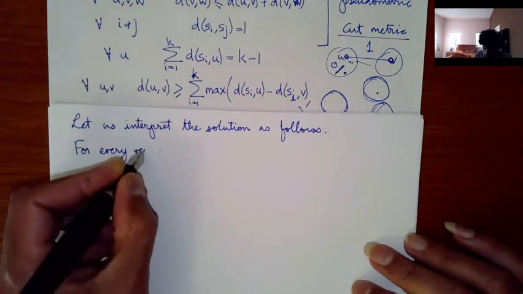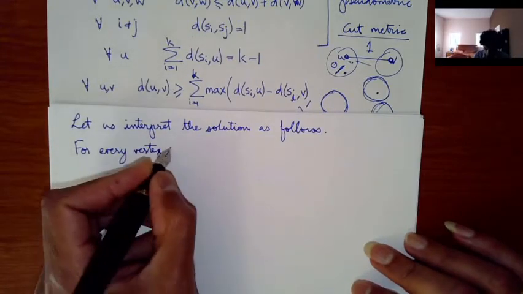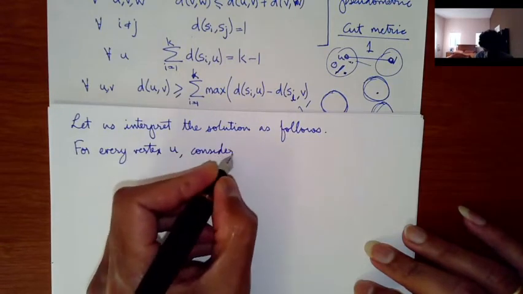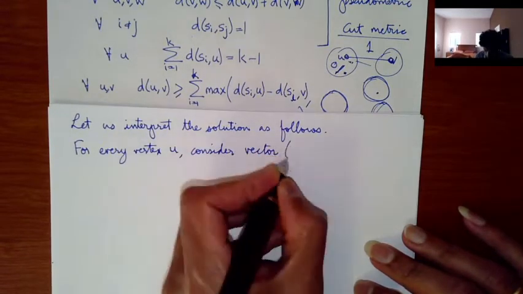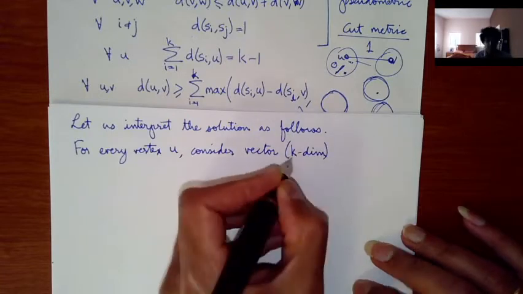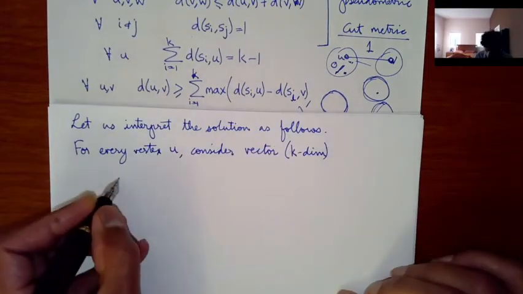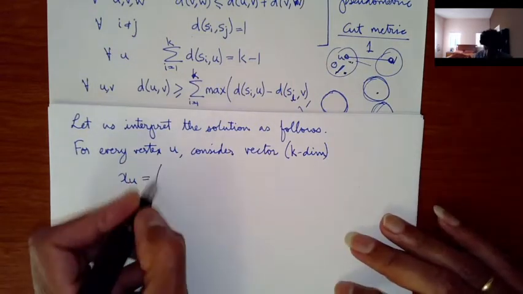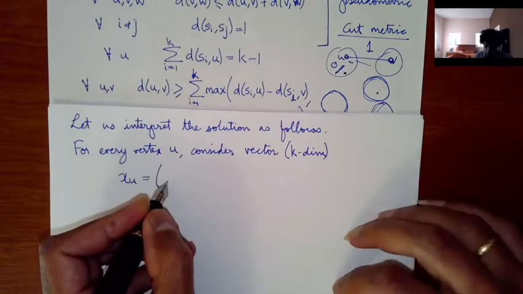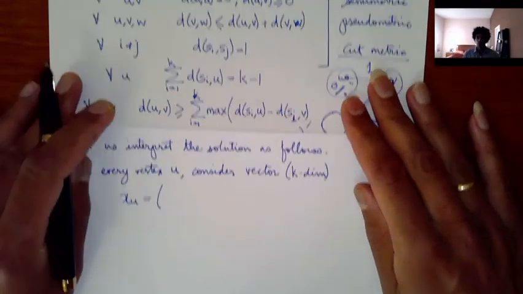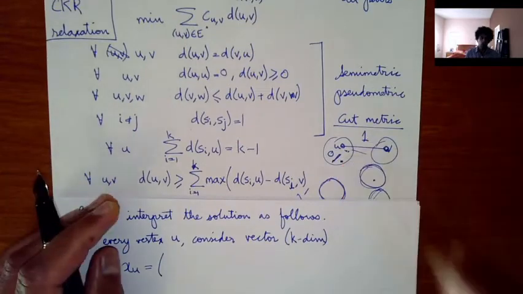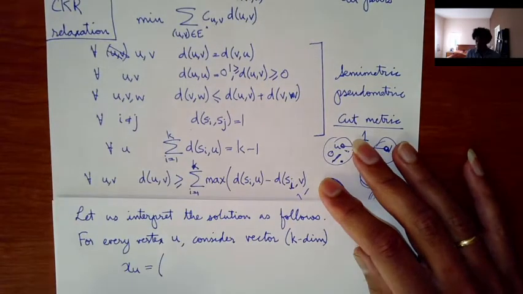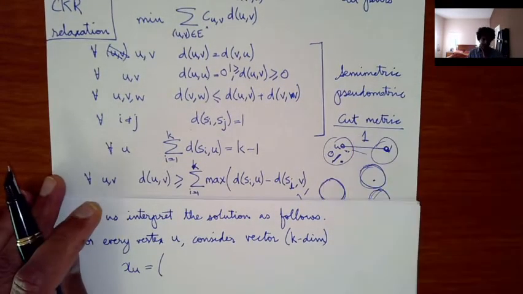For every vertex u, consider the vector. I'm going to make a k-dimensional vector, where k is basically 1 for each terminal, and you'll see why I'm doing this. You can prove that essentially all the distances are going to be at most 1, but if you want, you can just add that as a constraint to the metric.